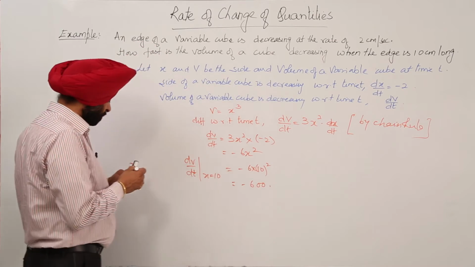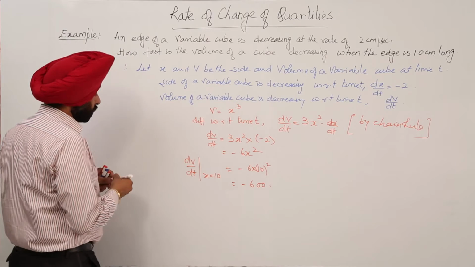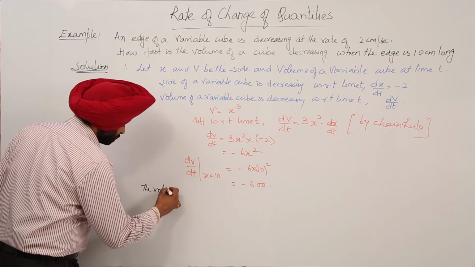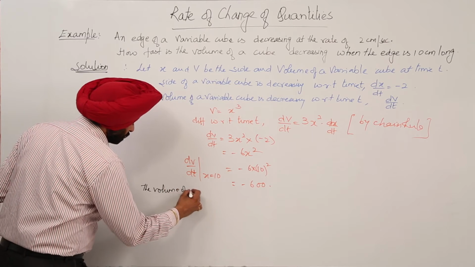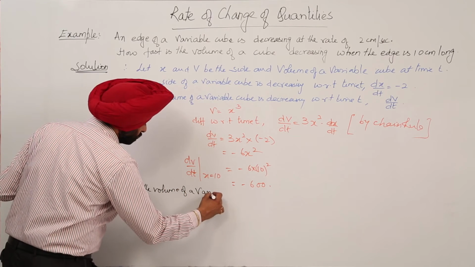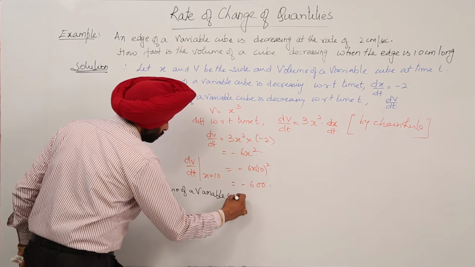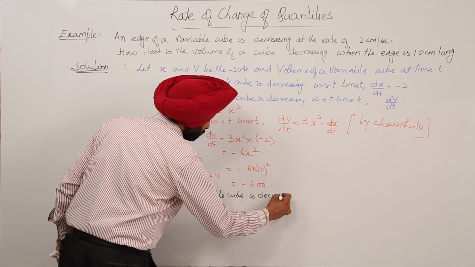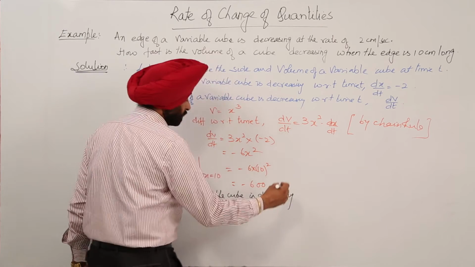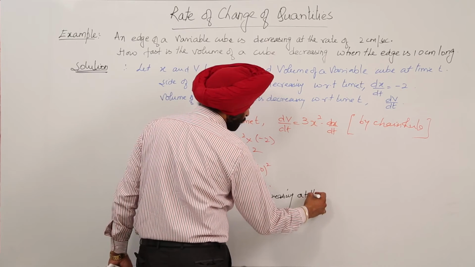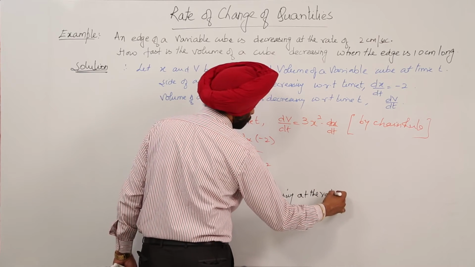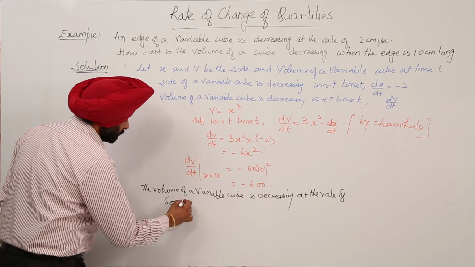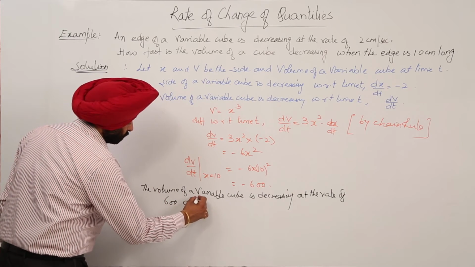Okay. So we have to write it now. The volume of a variable cube is decreasing at the rate of 600 centimeter cube per second.